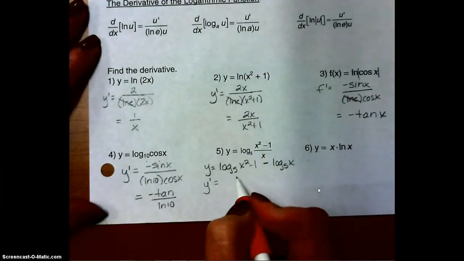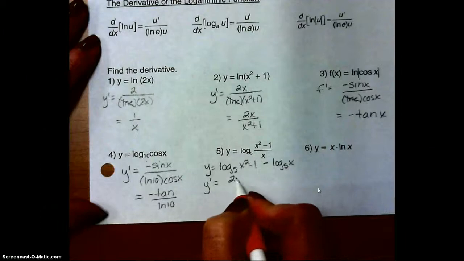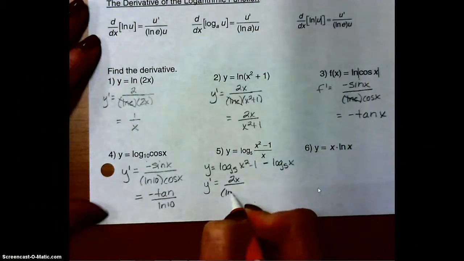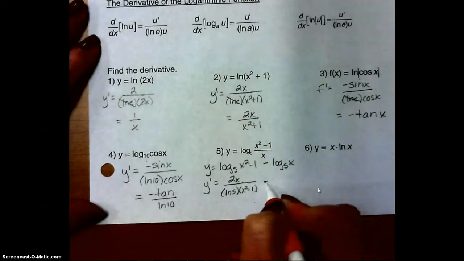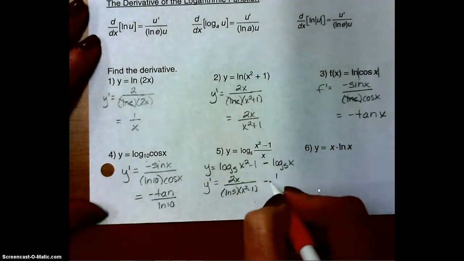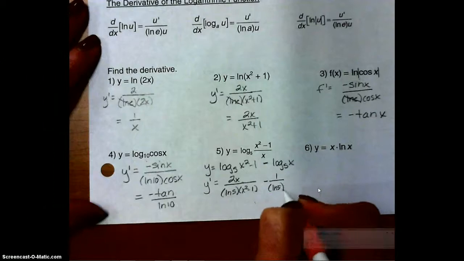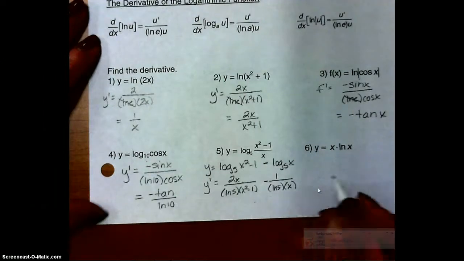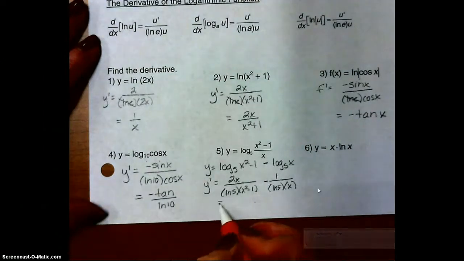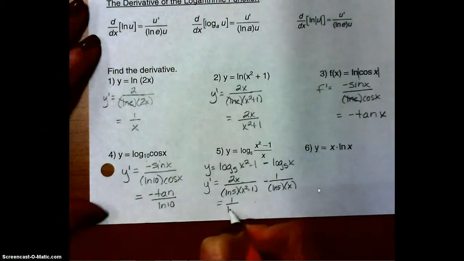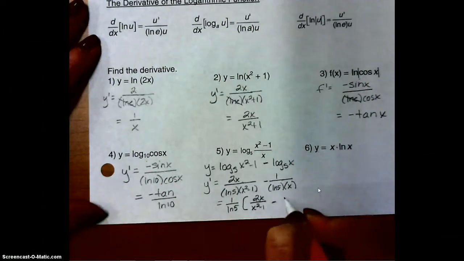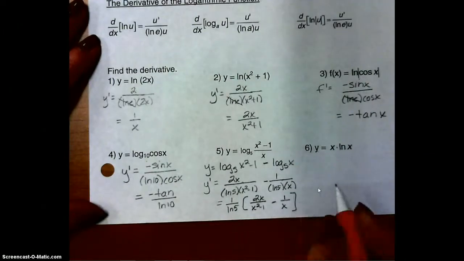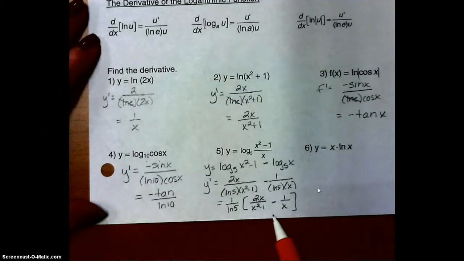We've got the derivative of x squared minus 1, so that's 2x divided by ln of 5 times x squared minus 1, minus the derivative of x is 1, ln of 5 times x. Okay, what I want to see you guys do, I want 1 over ln of 5 factored out, and then I get 2x over x squared minus 1 minus 1 over x. And then if you're feeling really brave, you can get a common denominator, but you can leave it right now for me.